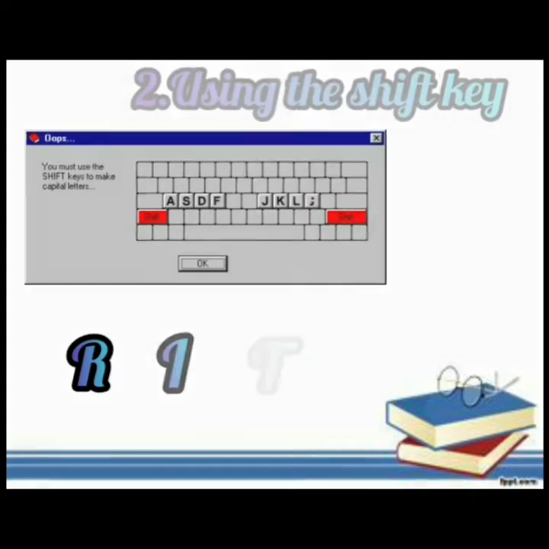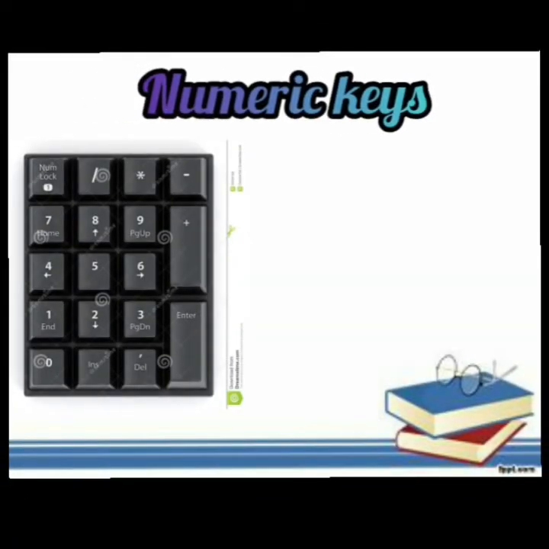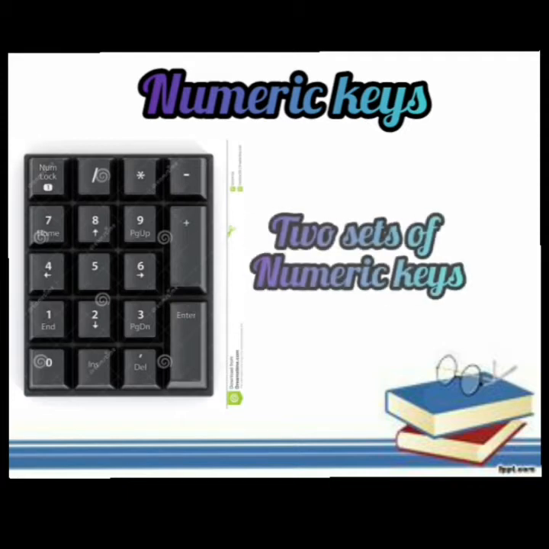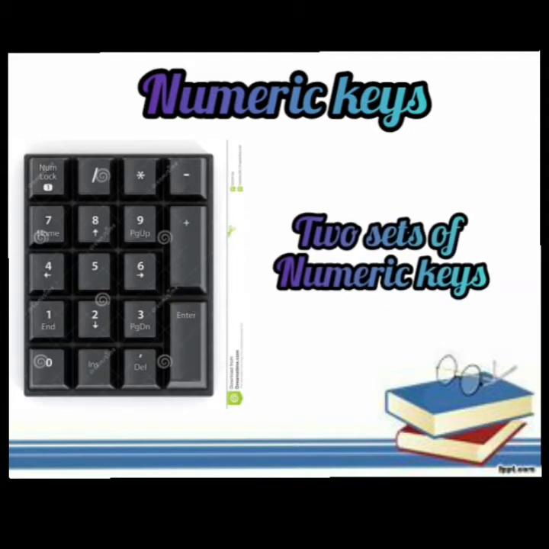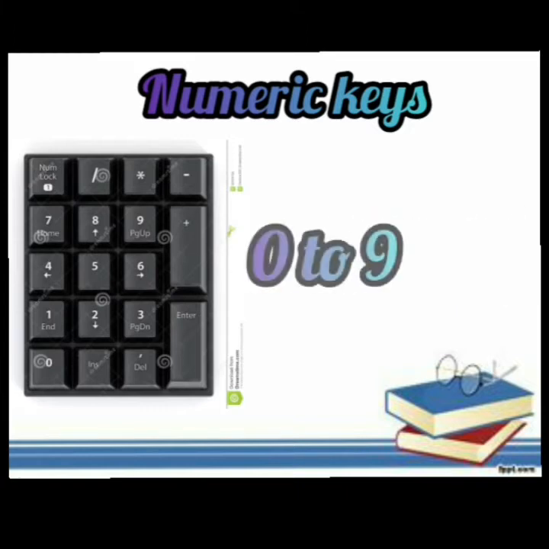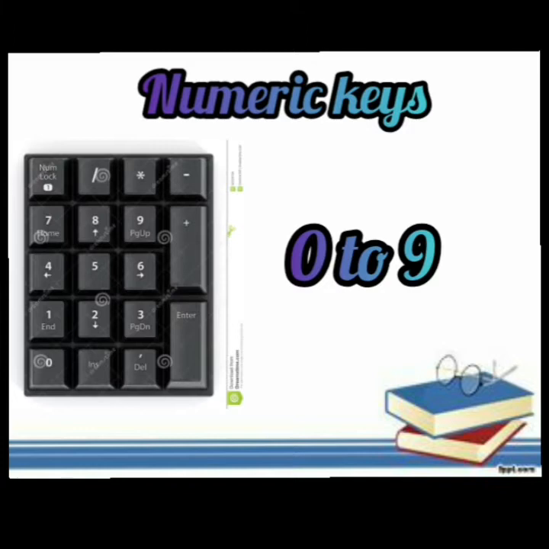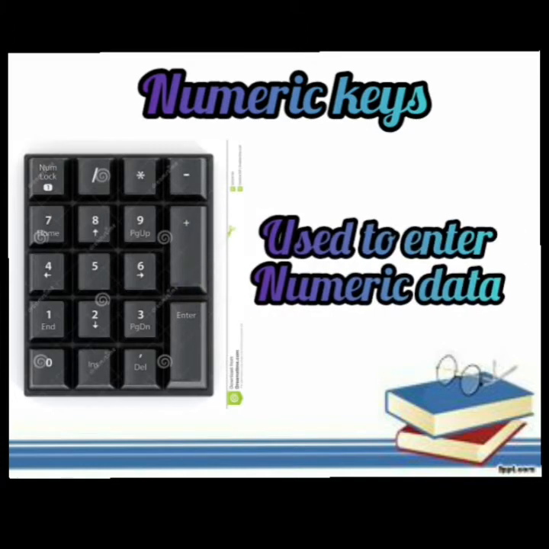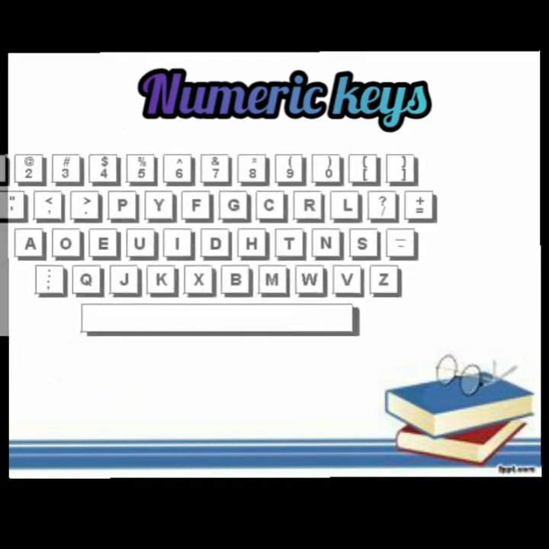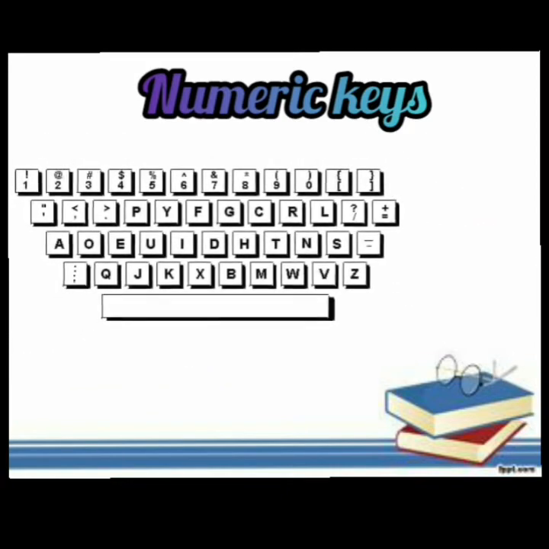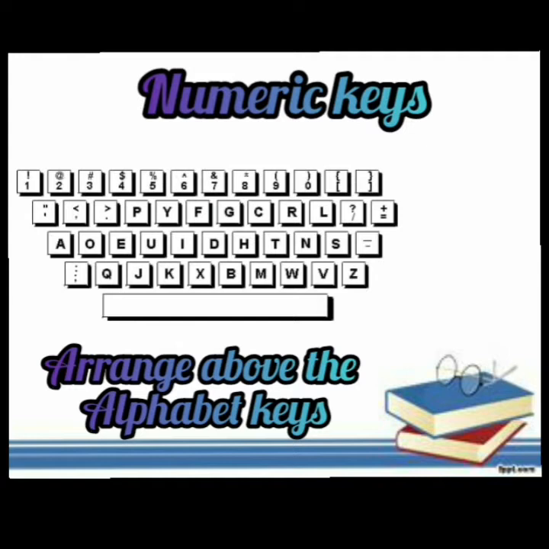Second, numeric keys. On a standard keyboard, there are two sets of numeric keys. These keys are numbers from 0 to 9 and are used to enter numeric data. One set of numeric keys is arranged above the alphabet keys.